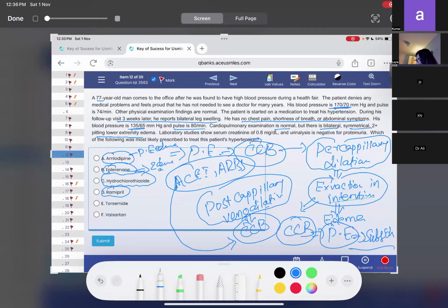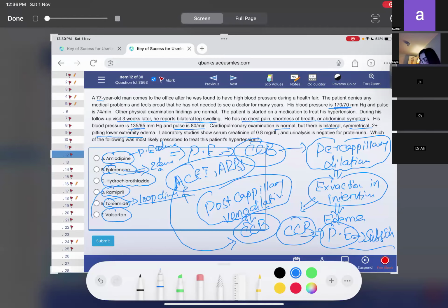Can anybody tell what torsemide is? Can anybody? It is a loop diuretic, another one besides furosemide.